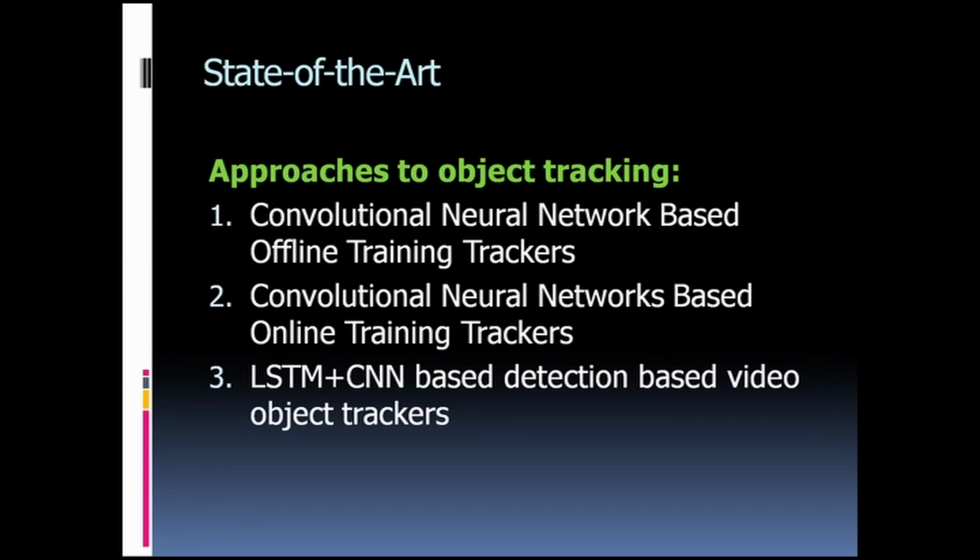Number two is convolutional neural network based online training trackers. These are online training trackers which use convolutional neural networks. One such example is the multi-domain network (MDNet), which was the winner of the VOT 2015 challenge. Since convolutional neural networks are computationally very expensive to train, these methods have to use a smaller network to train at fast speed during deployment.